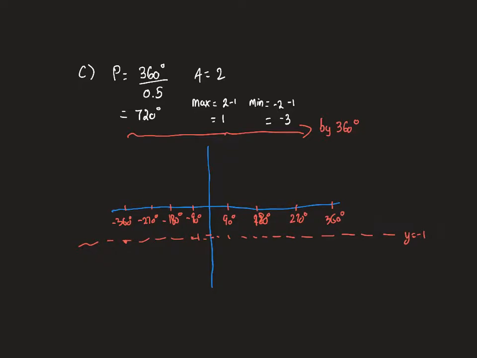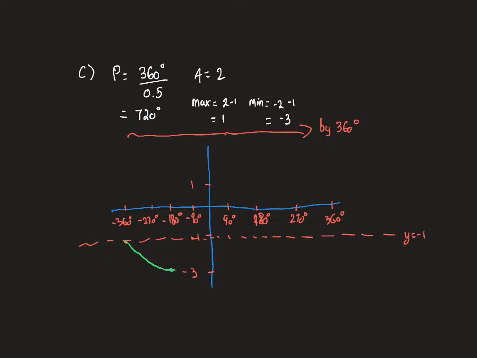So because we're flipped upside down, by the time I get to this negative 180, I should be at my minimum, which should be negative 3. And my max was 1. Okay. So I should be right here at negative 180.